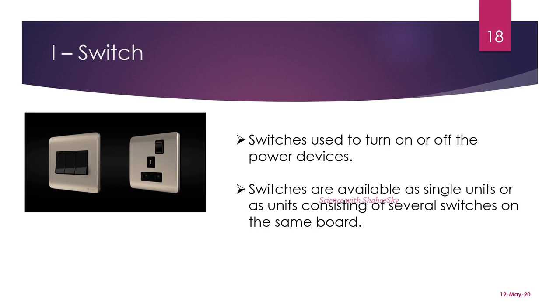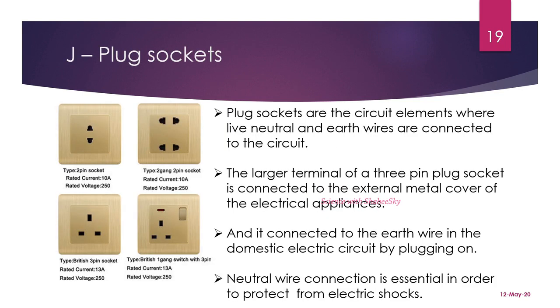The next device connected to the electric circuit is plug sockets. See the pictures. There are different types of plug sockets. Plug sockets are the circuit element where live, neutral and earth wires are connected to the circuit from the supply cable to the sockets.